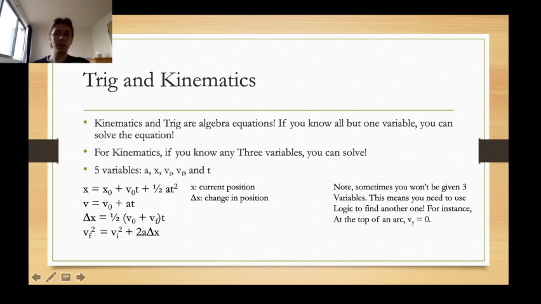They're very easy to just look up if you have access to online resources, and if you have an equation sheet, they should definitely be on there. Note also that sometimes you're not going to be given three variables straight up. Sometimes you need to use logic to find another one. If we're talking about projectile motion, we know that at the top of the arc, Vy is equal to 0, right?